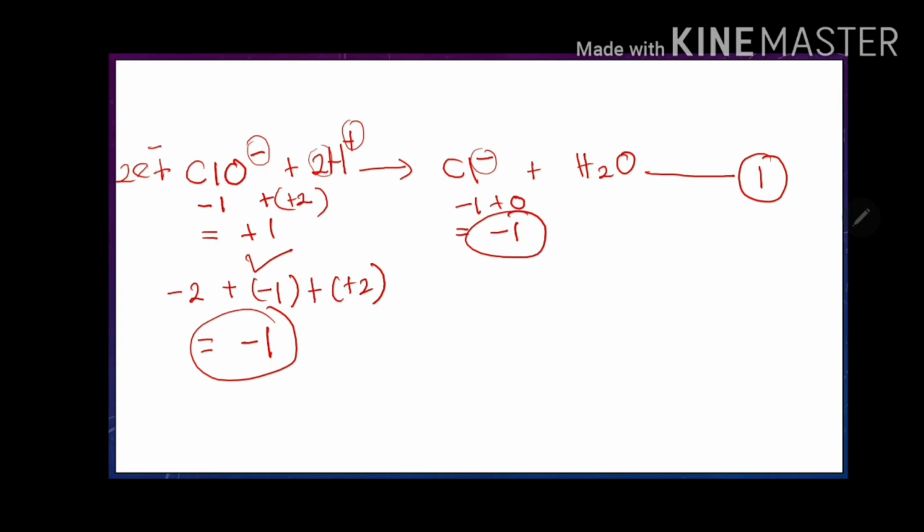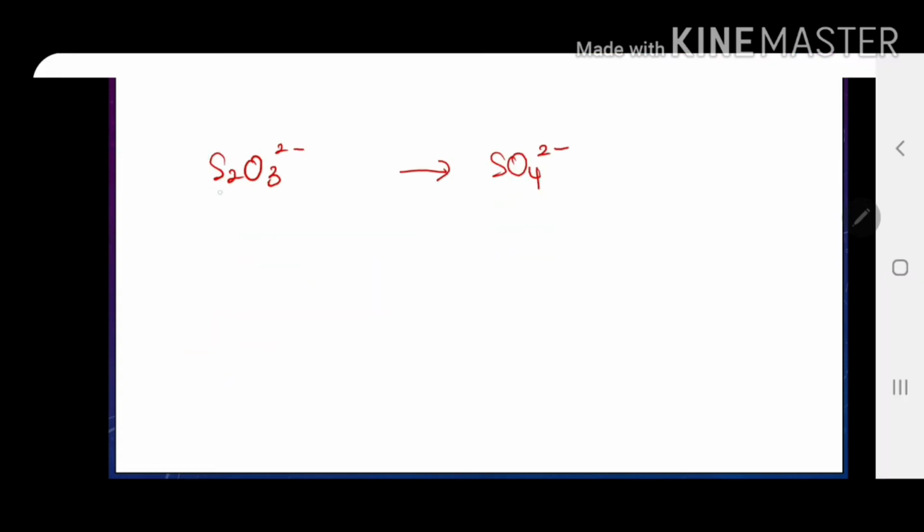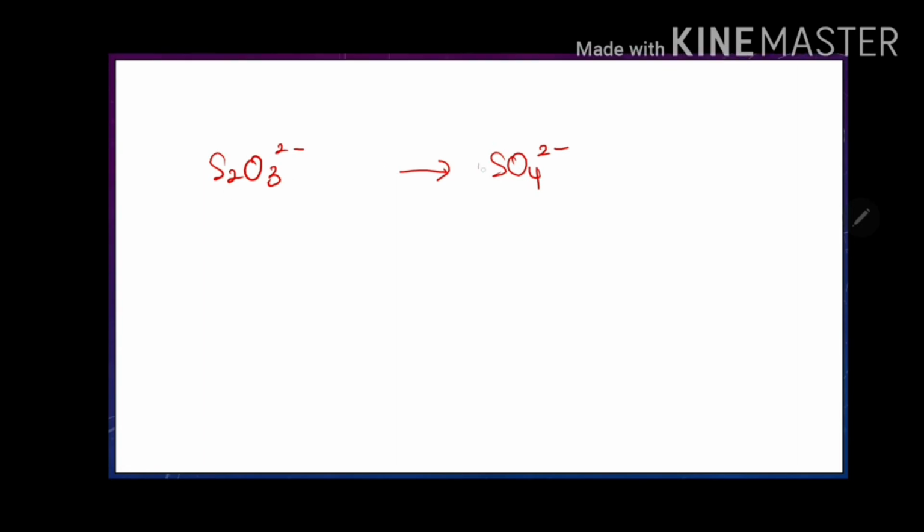So do the same thing for the second half equation. First, balance S. S is 2 here, so you write 2 on the right side. So now it is balanced. Now check on oxygen. Oxygen is now 8, 2 times 4, 8. So to make it 8 on the left side, you have to add 5H2O. If lack of oxygen, you have to add H2O.